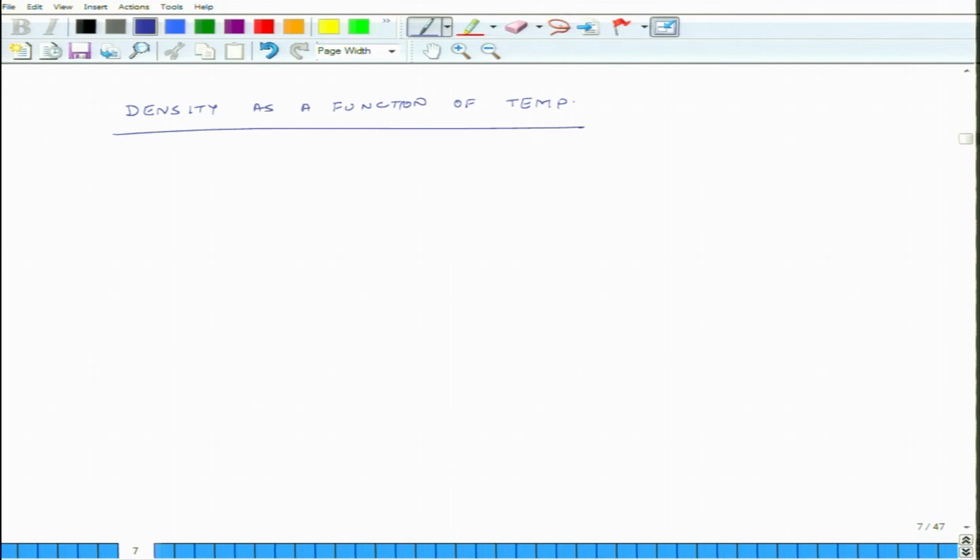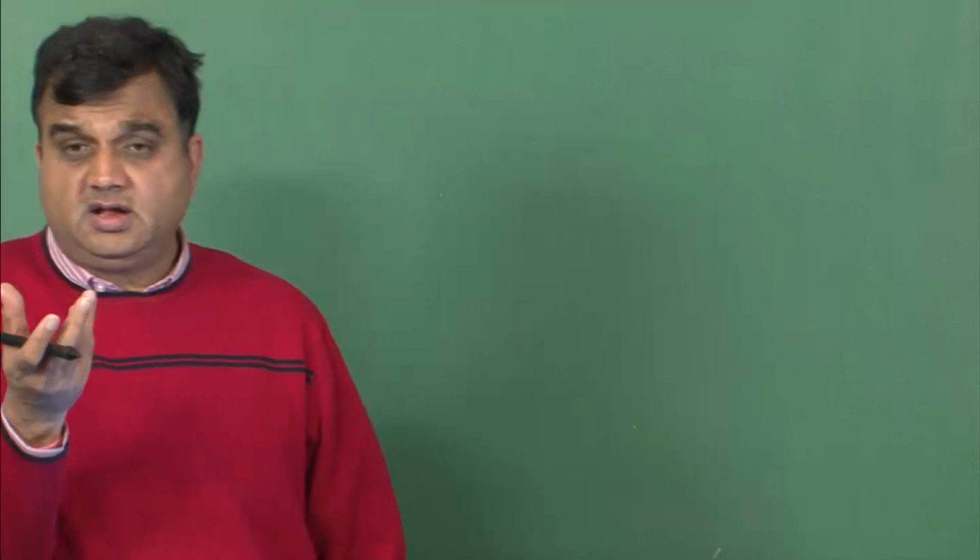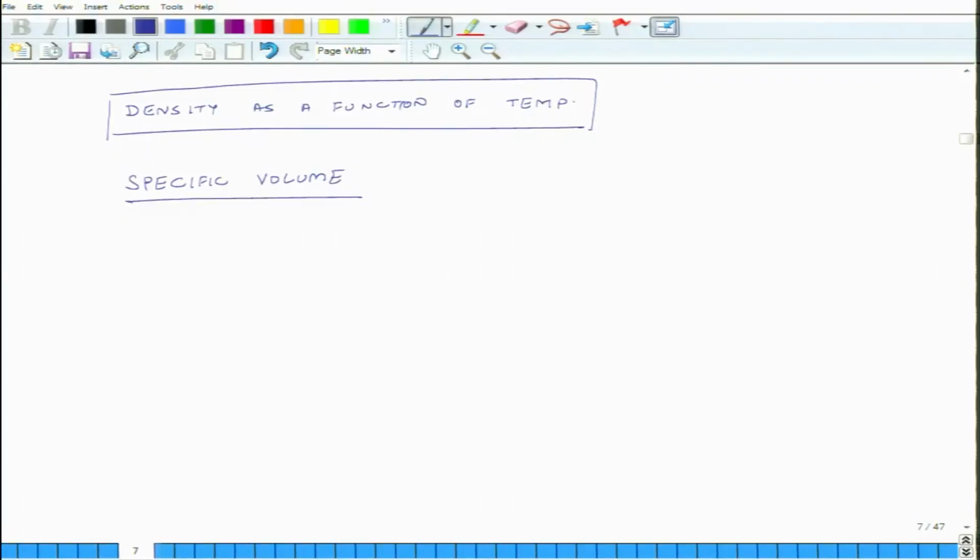So what we will define here is a term called specific volume. So what is density? It is the amount of material contained in a unit volume.